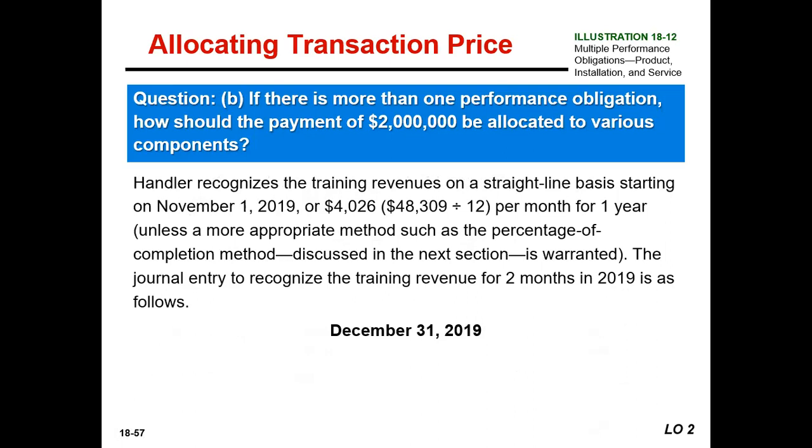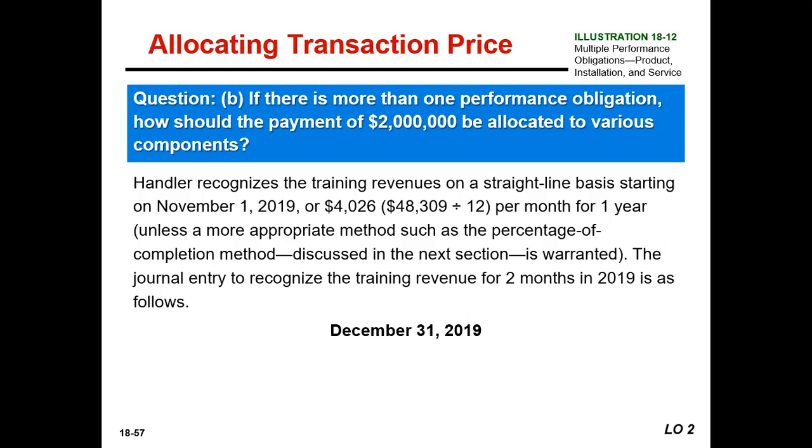That's why earlier our original entry was unearned service revenue of 48,309. So we divide it by 12. That's good for 1 year. So we only recognize the first month.